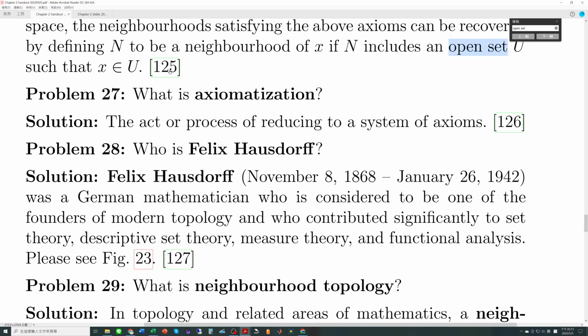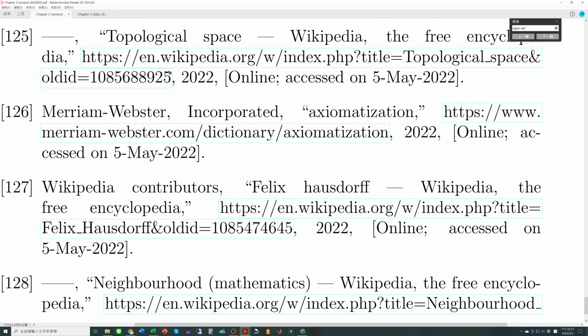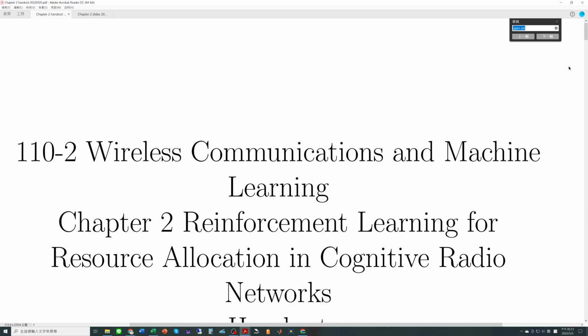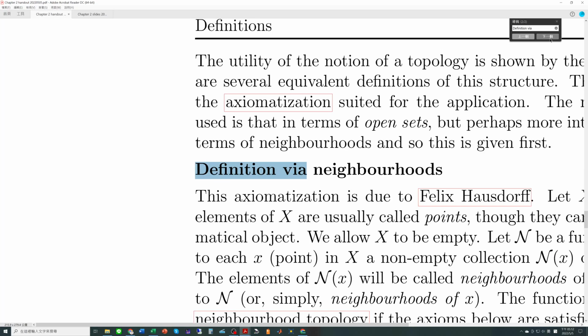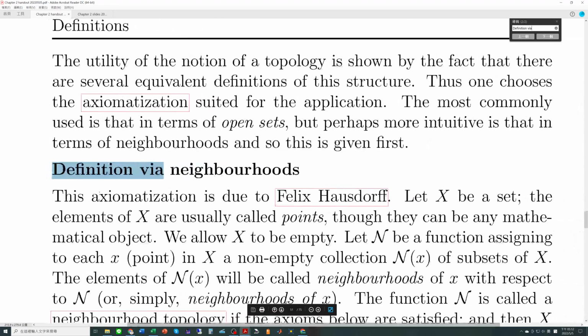You can refer to reference 125, topological space. Okay, let us go back to the definition via neighborhoods.